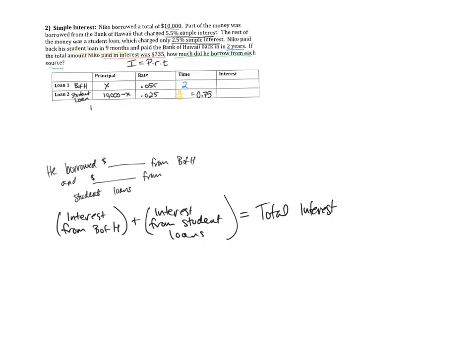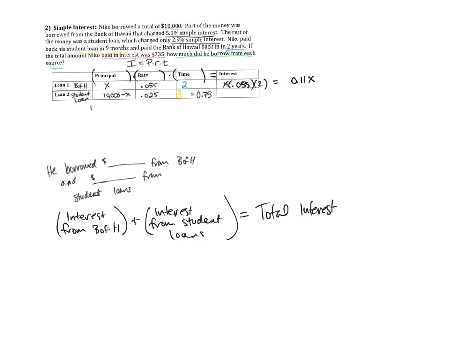Okay, so we're going to write an equation putting all that information together. So interest is the principal times the rate times the time, that's equal to interest. Okay, so we're going to add up his interest from the B of H loan, so that would be x times 0.055 times 2, and that simplifies to 0.11x.